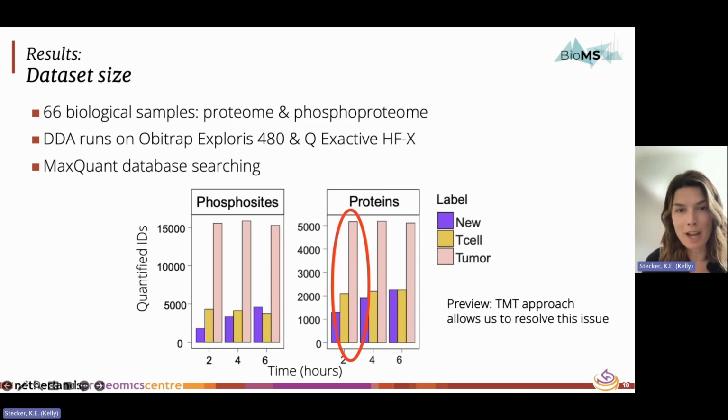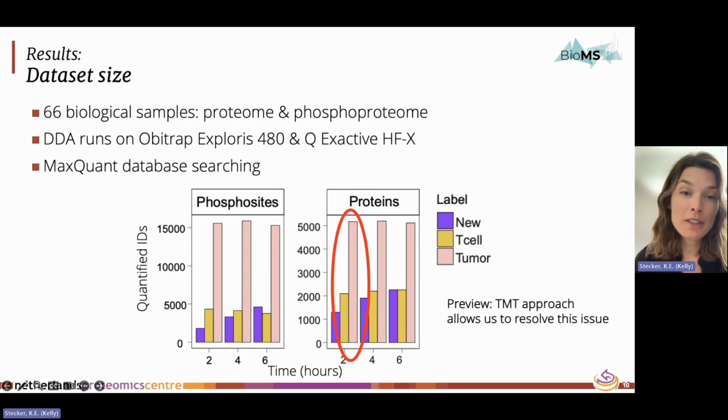So we expected a bias, but really this was something we weren't exactly happy with, because we're quite undersampling our T cell population. So this is something that I'm going to come back to later in the talk, and it's something that we were able to address using a TMT approach. So that's a sneak preview for later in the talk.